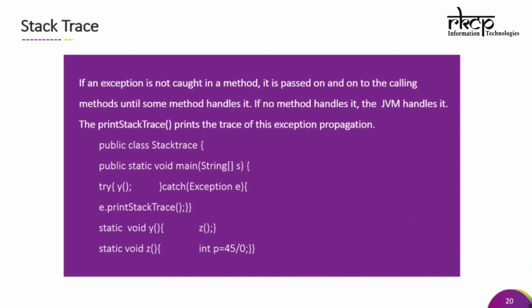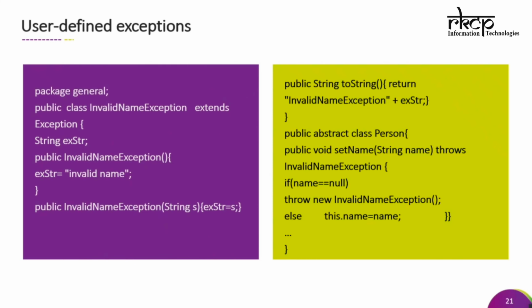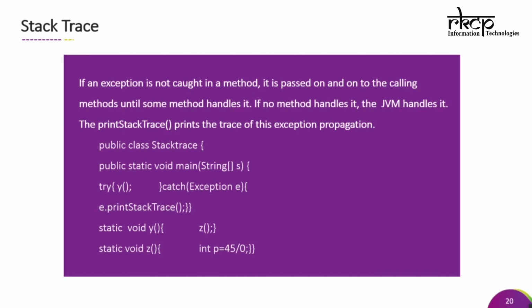Inside the stack you want to know where you have to handle this exception. You want to know the complete stack, so you call the printStackTrace method. It will print the details of the complete stack, and that you can know. Up to this stage, I hope you understand how the stack trace works.